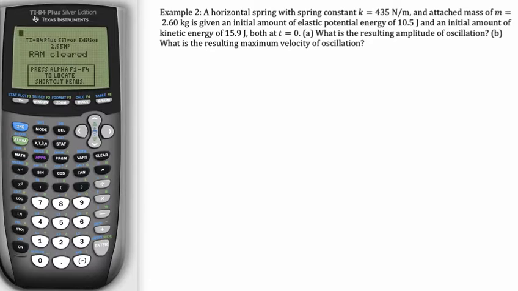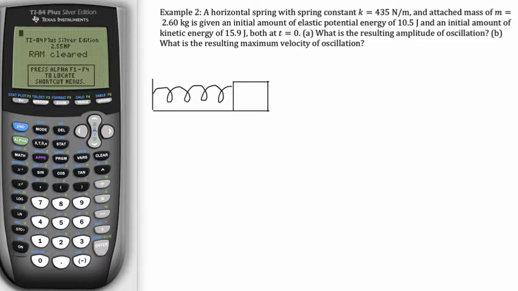We are told the initial amount of elastic potential energy, the initial stretch of the spring, and the initial amount of kinetic energy when the system starts at t equals 0. So if we were to draw a picture of the system at t equals 0, it would look something like this. Here we have our ground, and we're going to have our spring.